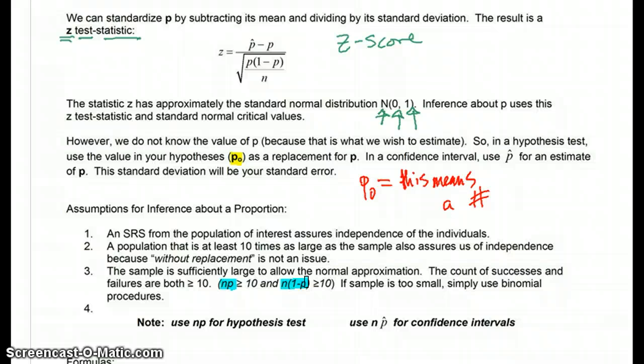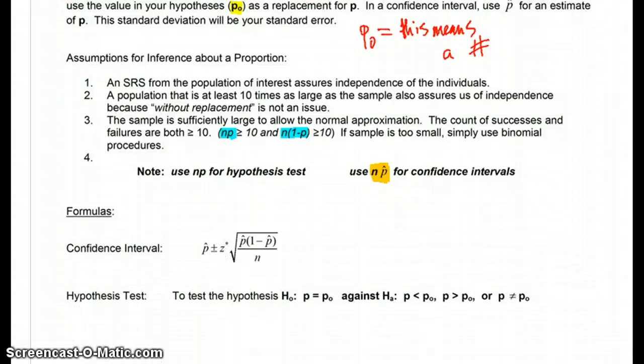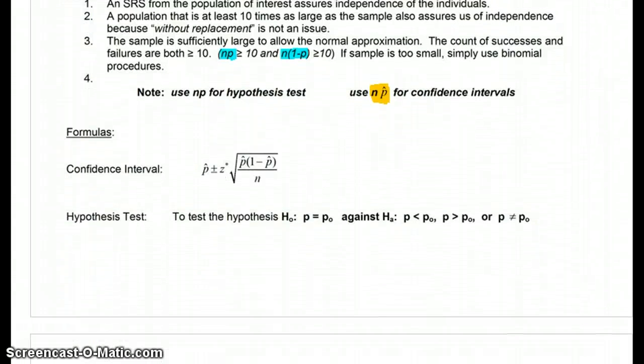Also, this is different than confidence intervals because remember we used n times p hat for a confidence interval. So as a reminder, just so we don't get confused and so we can show the difference, we have the formulas for a confidence interval and for a hypothesis test.